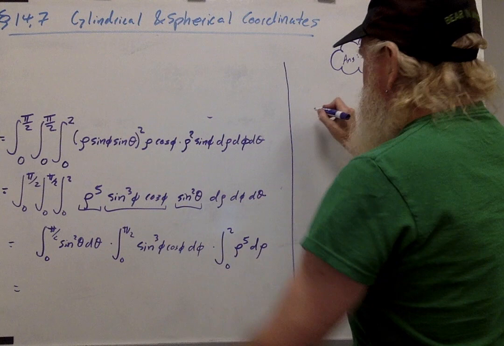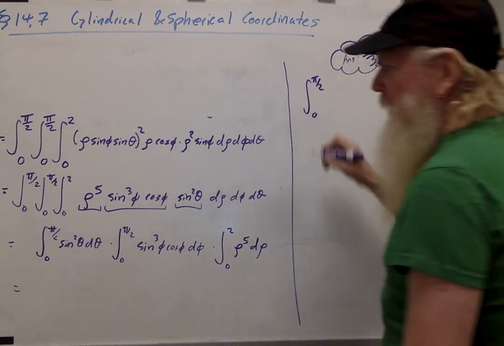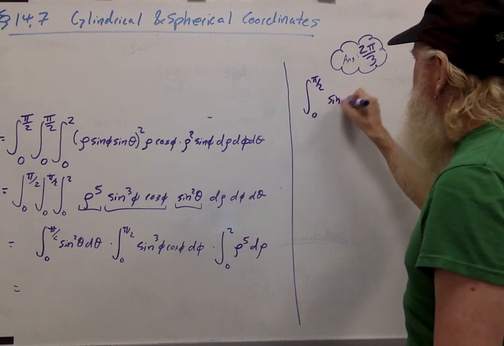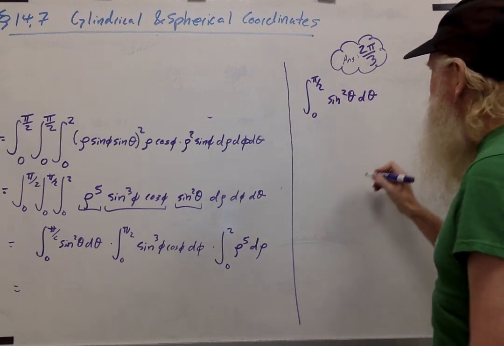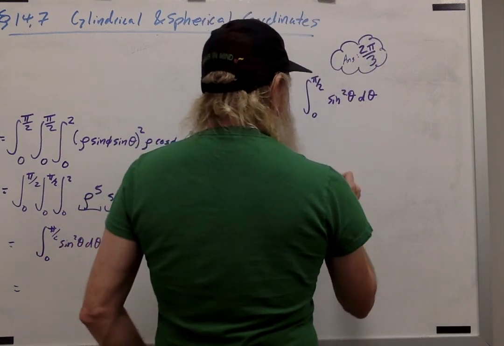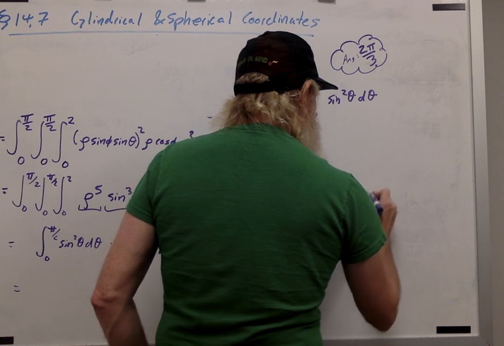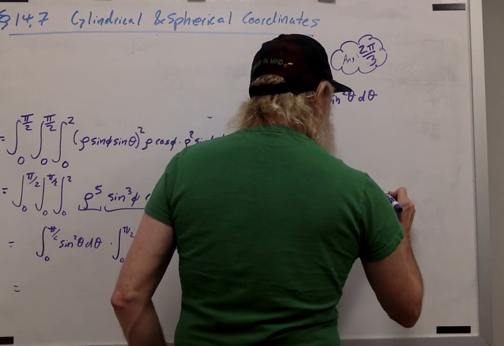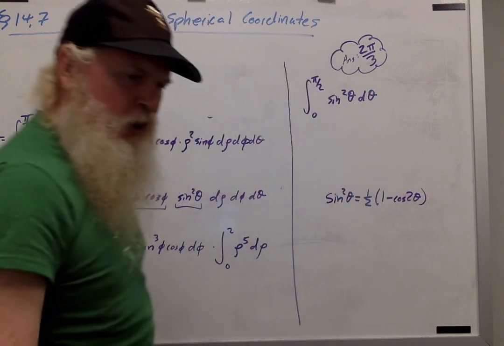Let's start out with the first one, the integral from 0 to pi over 2 of sine squared theta d theta. The relevant power reducing formula says that sine squared theta is half of 1 minus cosine of 2 theta.